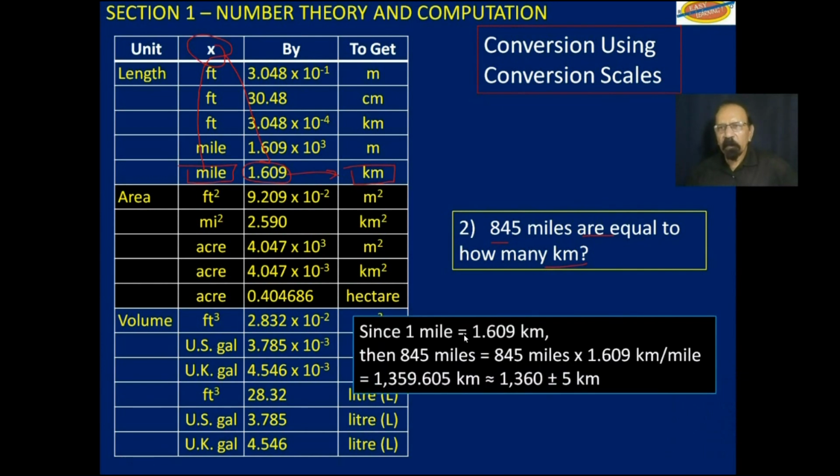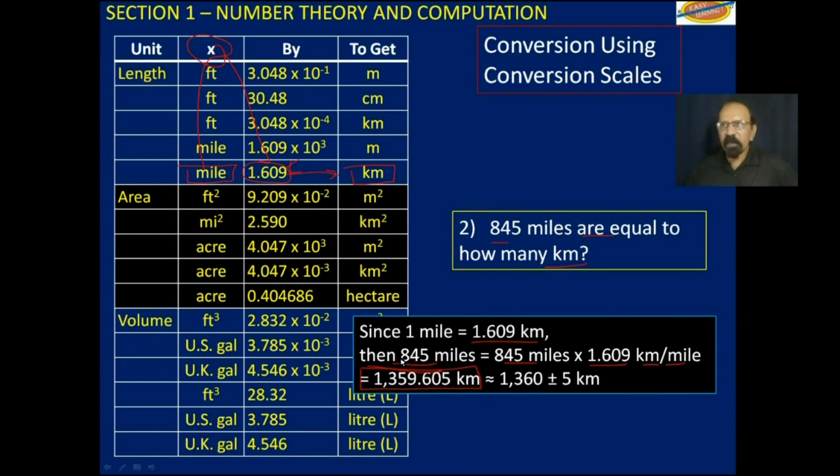We know that 1 mile is equal to 1.609 kilometers, that is this factor. So 845 miles, you will multiply that by the 1.609 kilometer per mile, and you get this amount of kilometers.